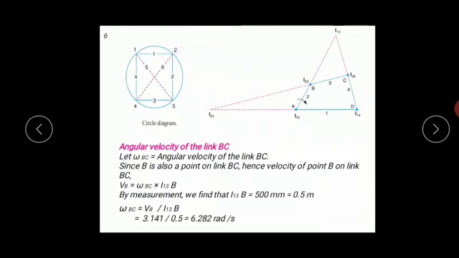One side of triangle 1 2 4 has I12 and I14, and for triangle 2 3 4 we have instantaneous centers I23 and I34.